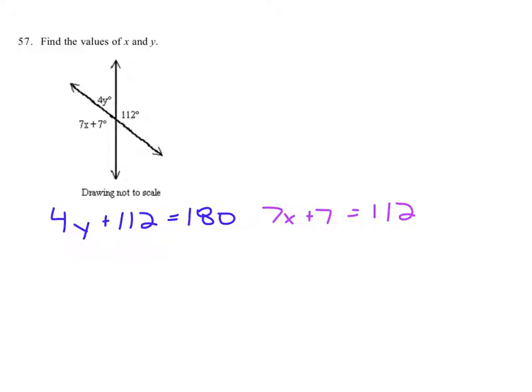I'm going to say 4y plus 112 minus 112 equals 180 minus 112. Okay, combining like terms then, I get 4y is equal to, let's see if I take 110 away, let's take 100 away, I've got 80, take another 10 away, I've got 70, and take another 2 away, I've got 68.